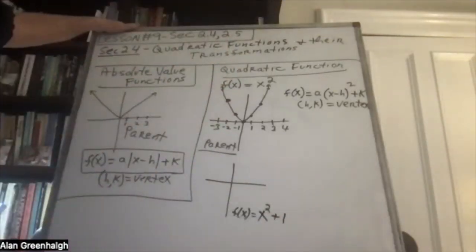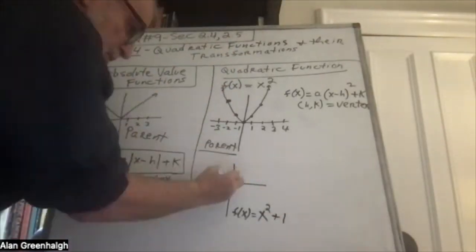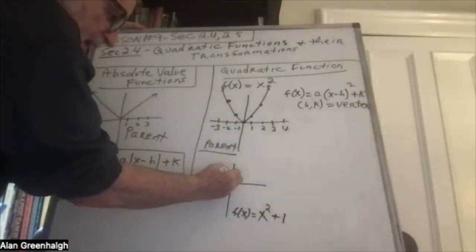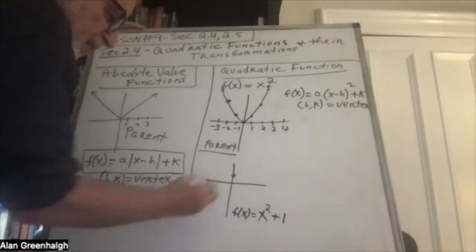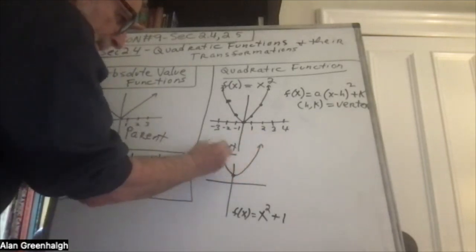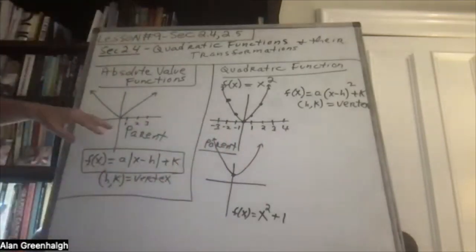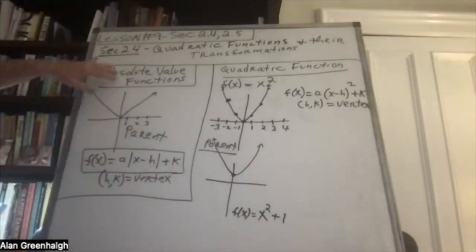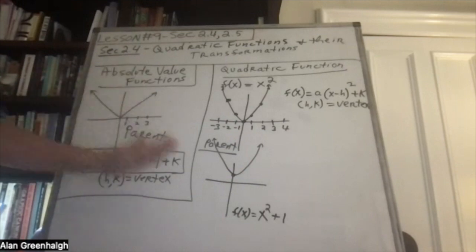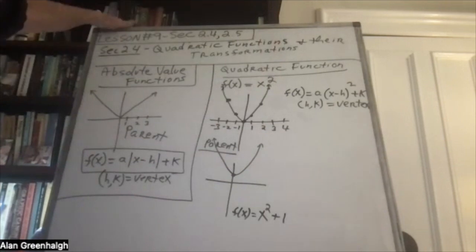So, if you look at that, basically you're saying that it's the same graph as the parent function, except it's going to be starting up here, and this is the way it's going to look, which is exactly what the parent function of the absolute value would look like, except that it's not a curve.